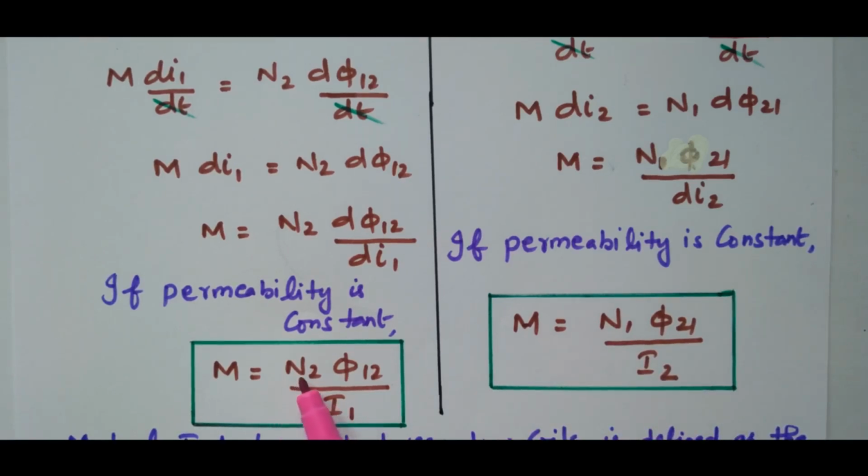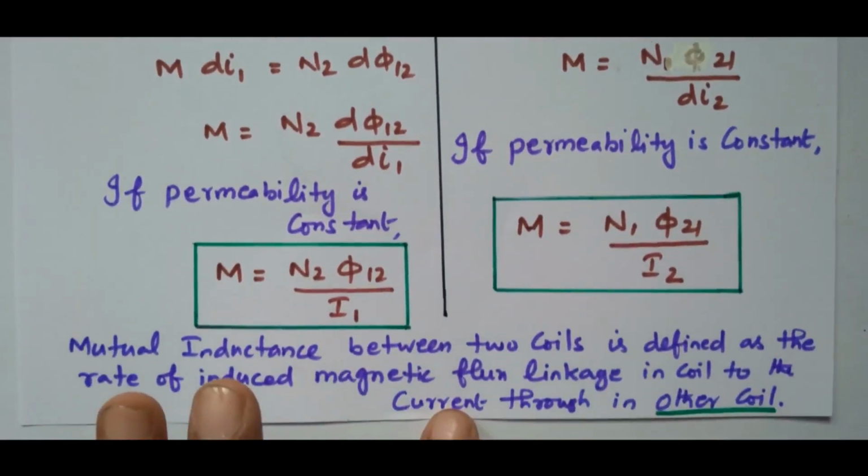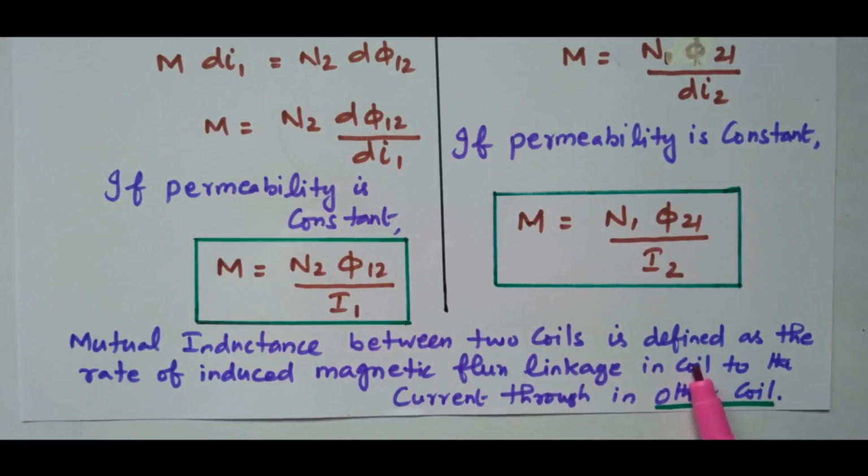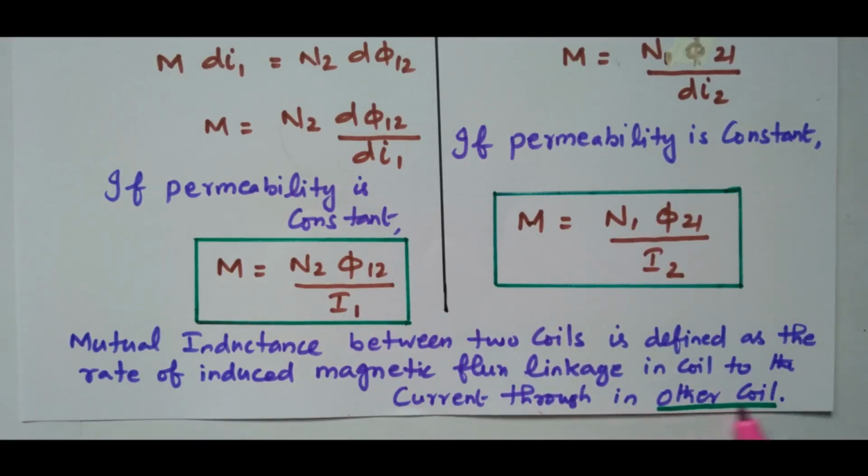So you can compare these two. This is flux linkage in the second coil, current in the first coil. That is flux linkage in the first coil, current in the second coil. Based on that, we have a definition. Mutual inductance between two coils is defined as the ratio of induced magnetic flux linkage in one coil to the current through the other coil.